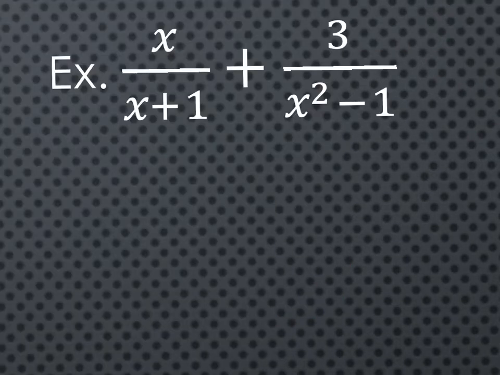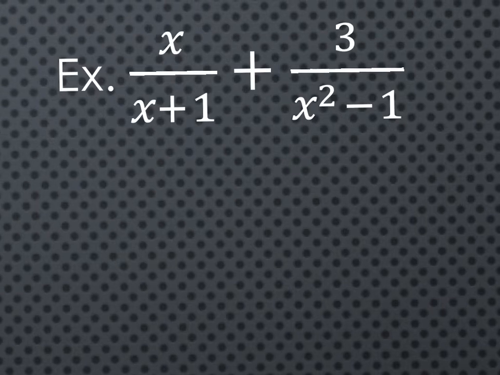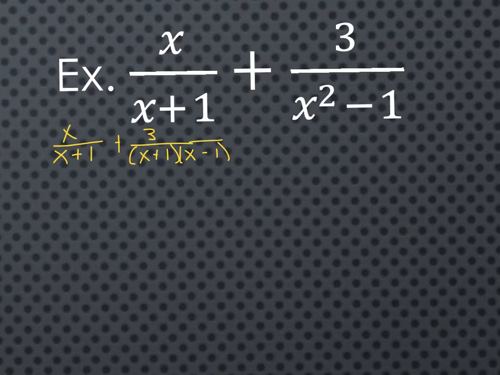If we look at a simple algebraic example, the first thing I would do is I would factor the denominators. Okay? That way we're able to see what our common denominator could potentially be. Okay, so now we need to identify our lowest common denominator.